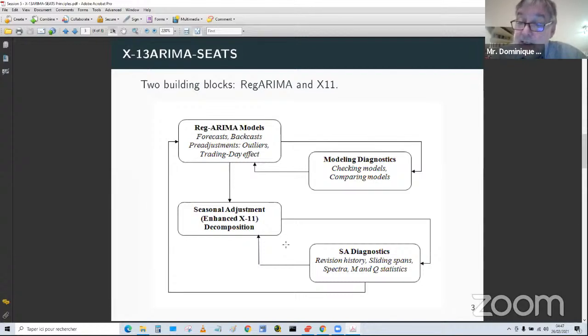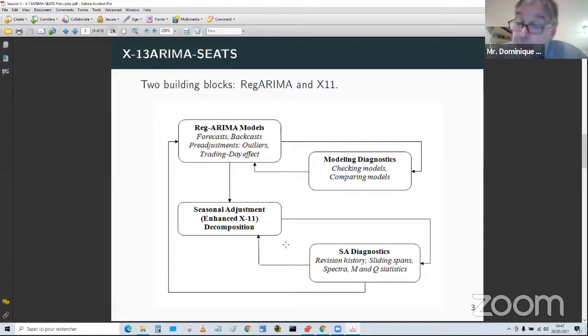That's why, as a direct consequence of what I'm saying right now, a crisis like the COVID crisis is more easily handled by X11 than by TRAMO-SEATS. Why? Because the crisis will deeply affect the ARIMA modeling, which is not the case for X11. At the end of the day, X11 does not care so much about the ARIMA modeling.